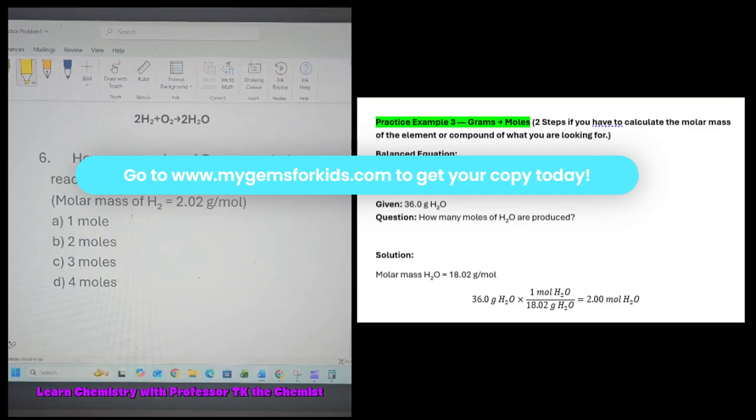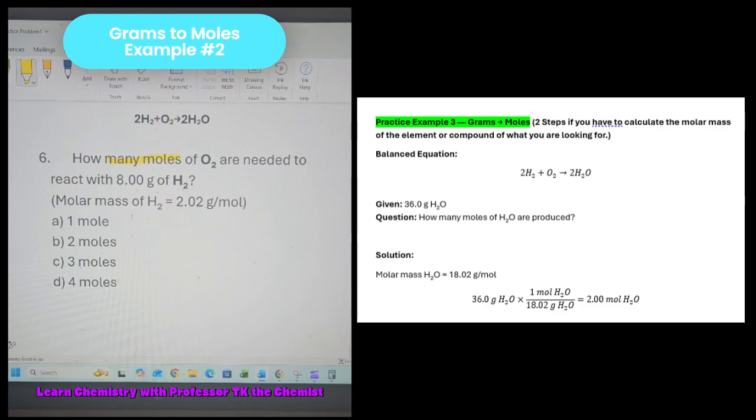Now, on this next problem, how many moles of oxygen are needed to react with 8.00 grams of hydrogen? I've given you the molar mass right there. Here's what you need to know. Hydrogen and oxygen. We don't care about the water in this question, but we do care about the water in the environment, side note.